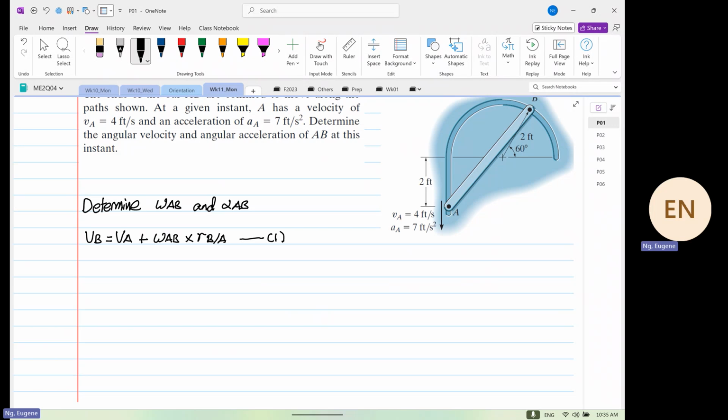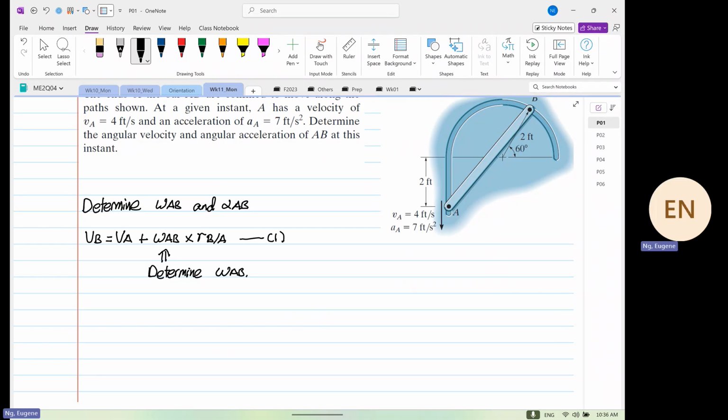With this expression over here, we can more or less determine omega AB.